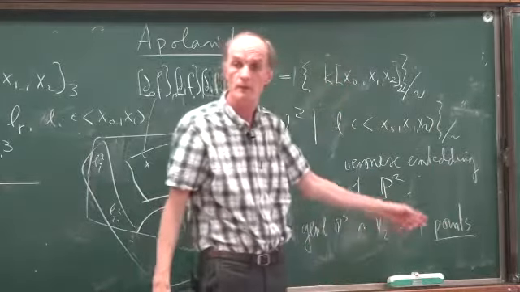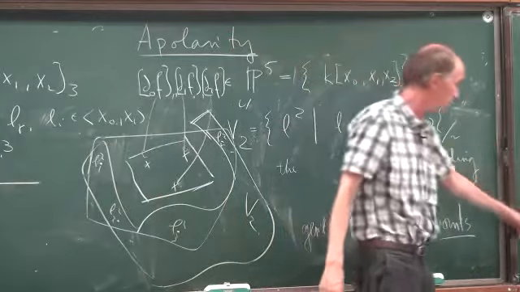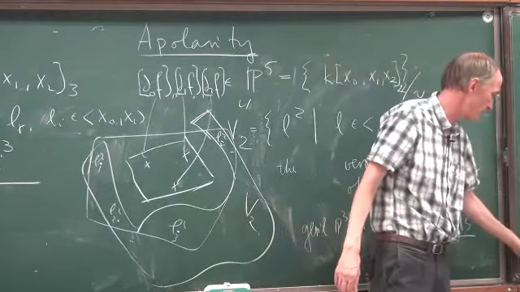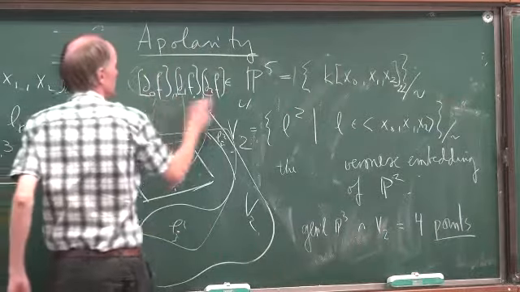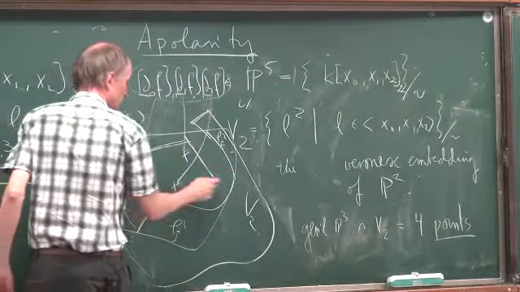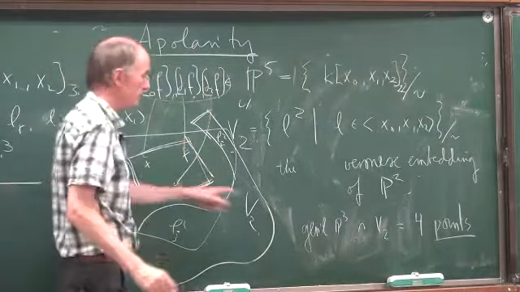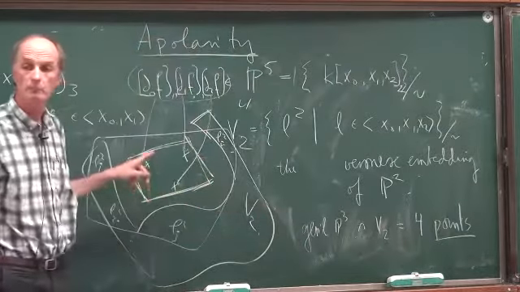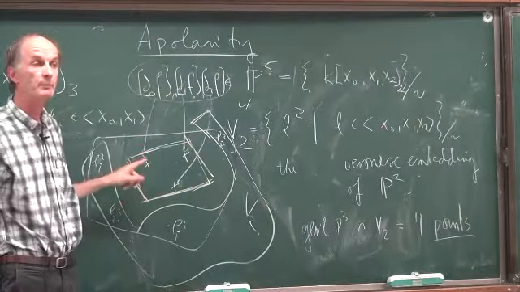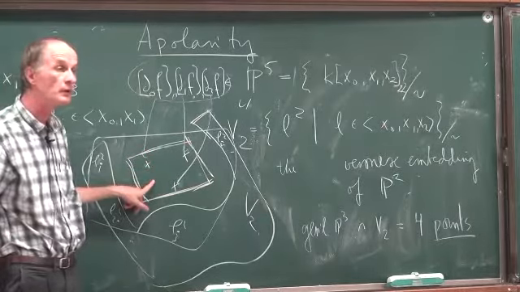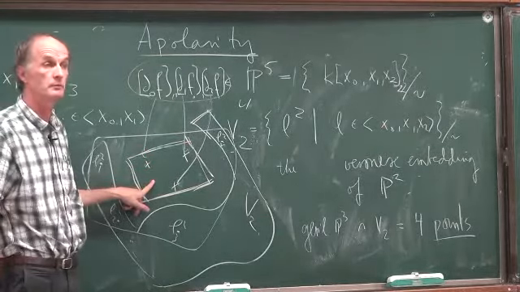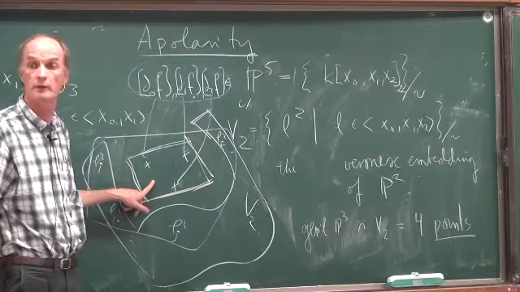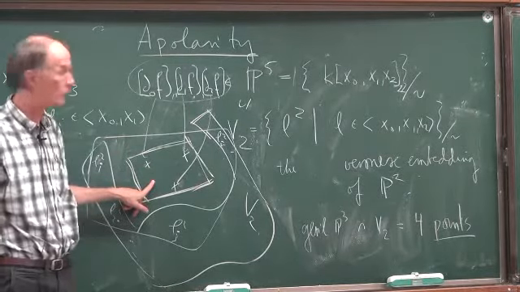So when I start with my plane, this says that every P3 that contains this plane will intersect the Veronese surface in 4 points. Okay? Every single one.